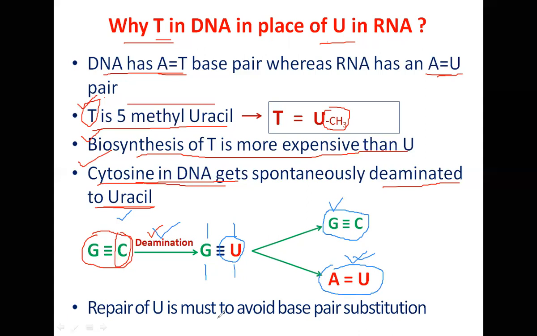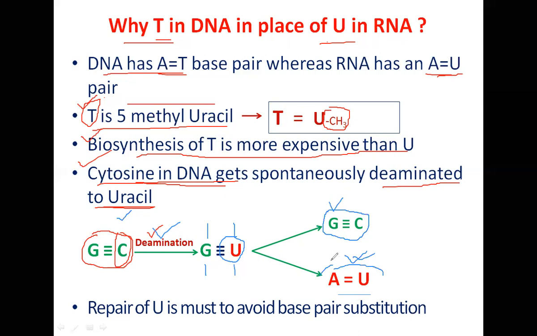So if this cytosine has this tendency to undergo deamination and form U, it is very necessary to repair this U, to restore the original condition and convert it back into C, to avoid this kind of substitution mutation.